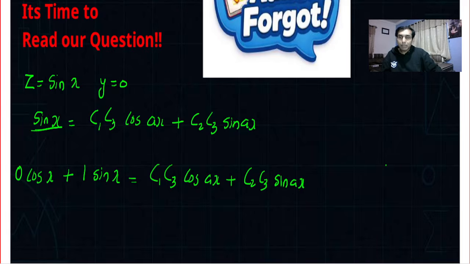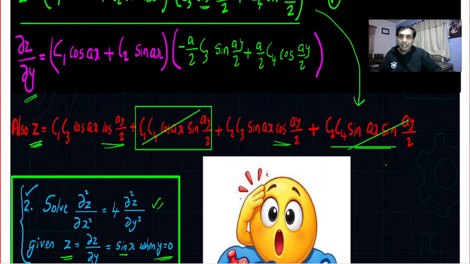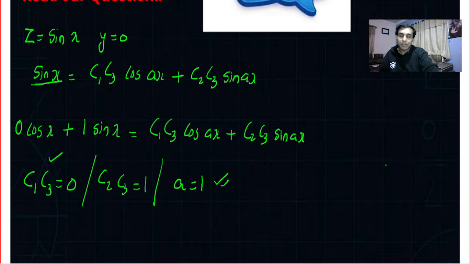So by comparing both sides, I got a lot of things. c1 c3 is going to be 0. c2 c3 is going to be 1, and obviously a is equal to 1. So we got a few things. Look at this. We need c1 c3, c1 c4, c2 c3, c2 c4. So I got two of them.